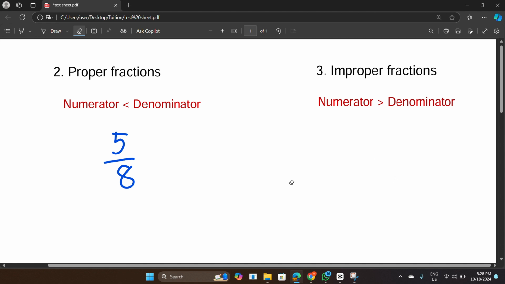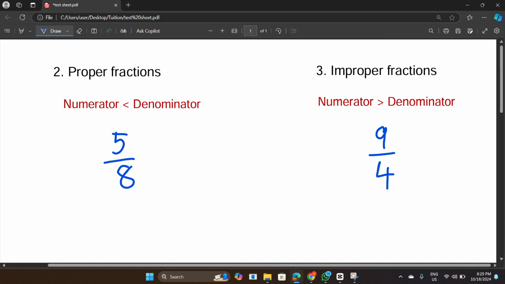If we take an example of improper fractions, we can write 9 over 4. As you can see here, this numerator 9 is greater than the denominator 4. So the difference between proper fractions and improper fractions is, in proper fractions, it is written in a proper manner. The numerator is less than the denominator, but in improper fractions, the numerator is greater than the denominator.